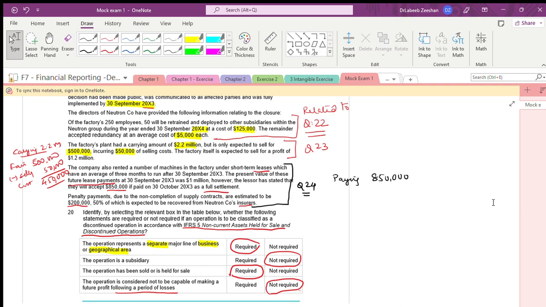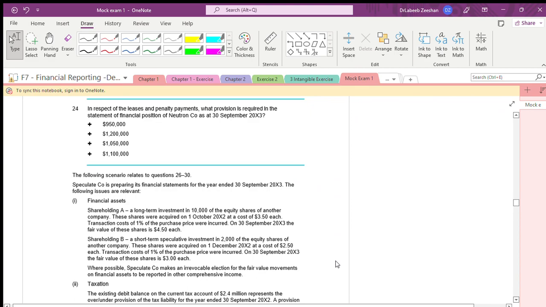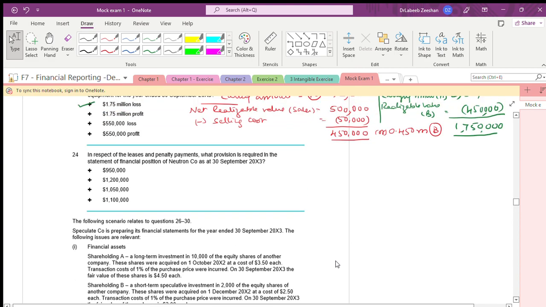Penalty payments due to non-compliance of supply are estimated to be 200,000. 50% is expected to be recovered from Neutron insurers.